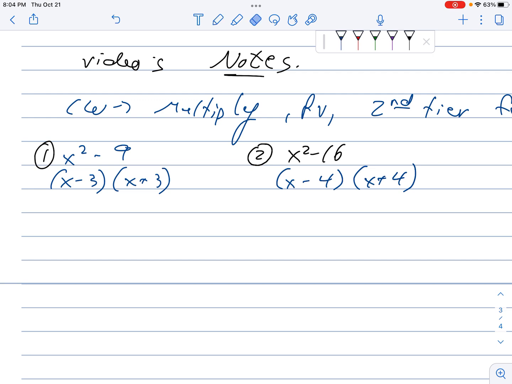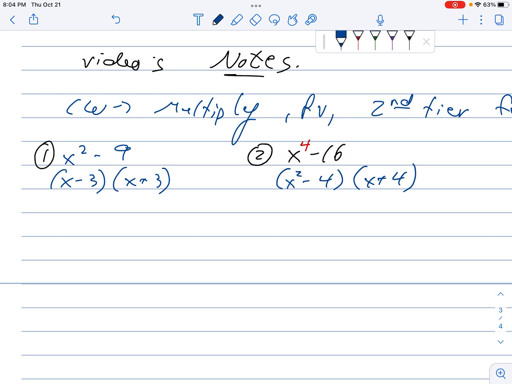If I were, in red, to change that 2 to an x to the 4th, and then in your notes, do it like that. I'm just reviewing here, but write this one, x to the 4th minus 16. It doesn't stay x minus 4, x plus 4. We square root this.